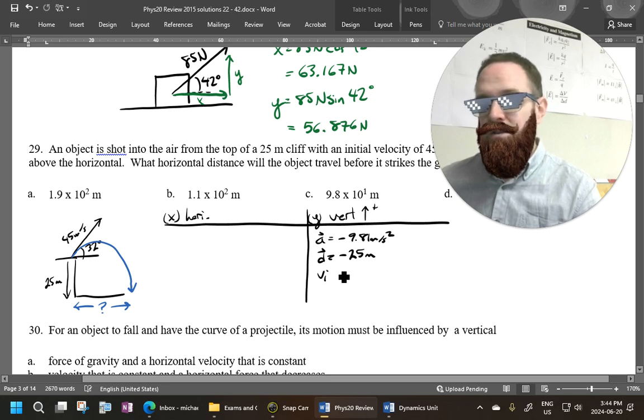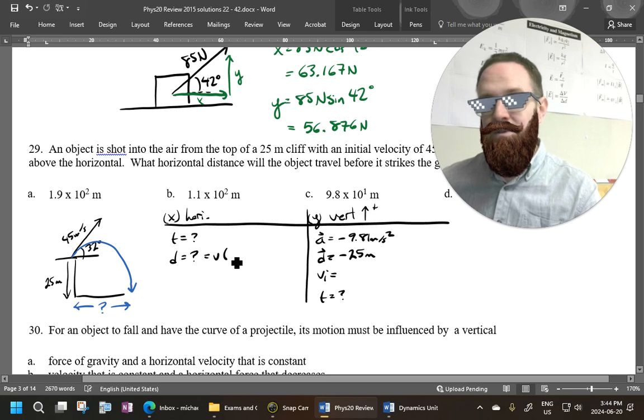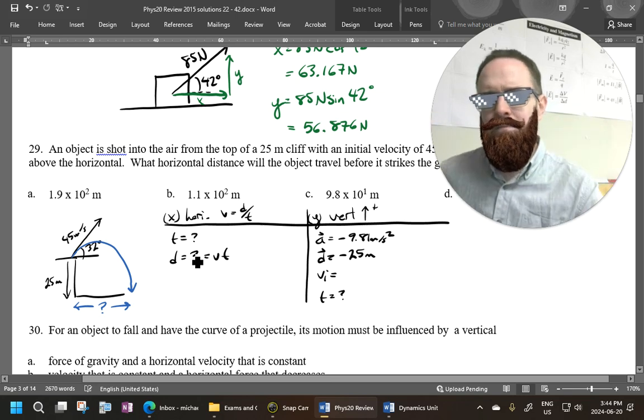Its initial velocity we'll have to find by doing the X and Y stuff over here, and we're looking for time. The reason we're looking for time is so I can use the time over here to help me find this V, because it's going to be V times T. Remember, that's the only formula I'm allowed to use in the horizontal direction, just V is equal to D over T. There's no acceleration in that direction.